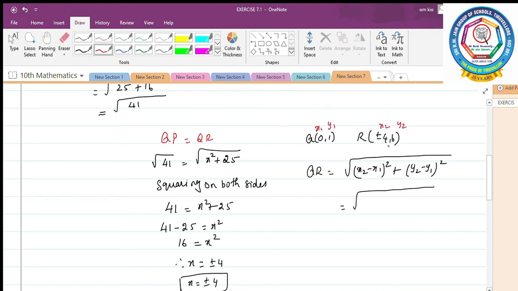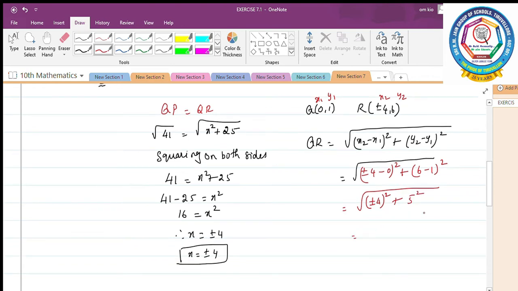So you substitute for x2 plus or minus 4, minus x1, which is 0, the whole square, plus y2 which is 6 minus y1 which is 1, the whole square. So plus or minus 4 minus 0, you get plus or minus 4 the whole square, plus 6 minus 1, that is 5, the 5 square.